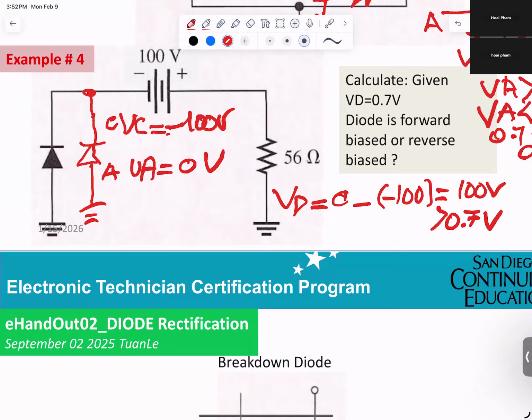So the diode will be on. Forward bias. Off means reverse bias.